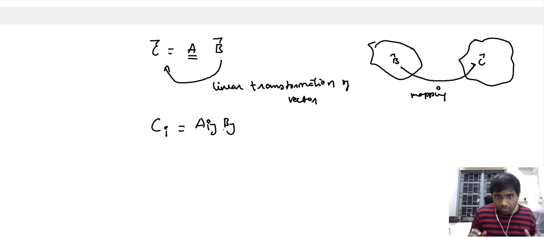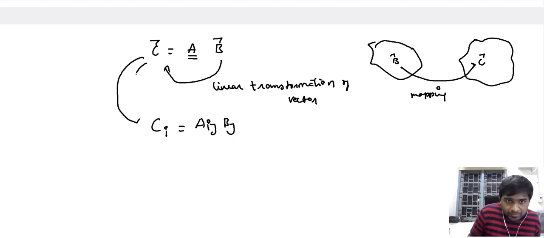When you look closely, we are transforming one vector into another vector. Each of these vectors is represented by distinct indices. These are two different vectors, in two different vector spaces, represented by distinct indices. And when you want to transform one vector, that is B, to that of C, again these two are equivalent. This is something that we need to understand.